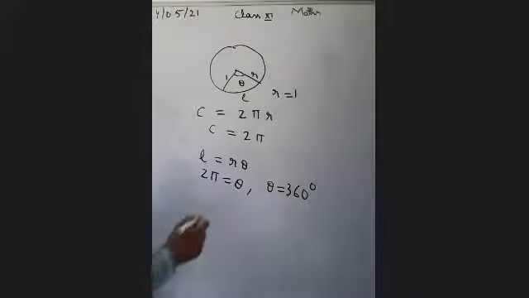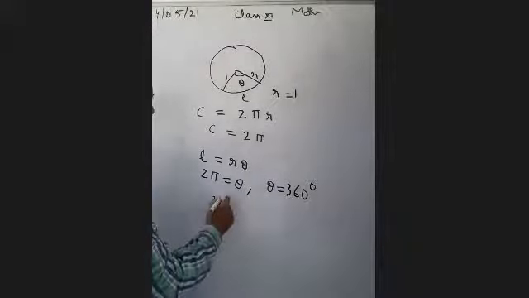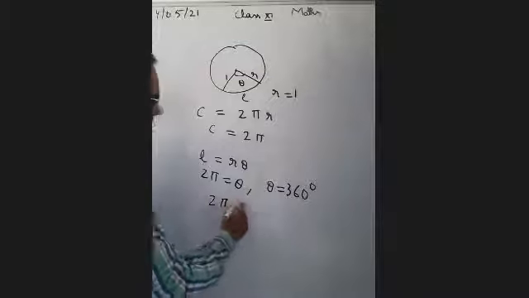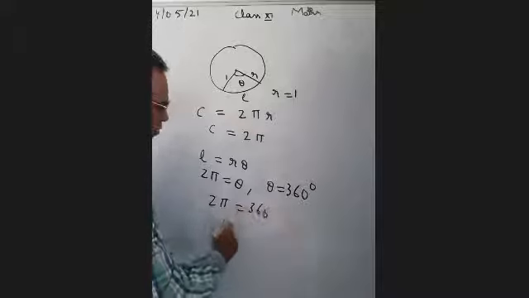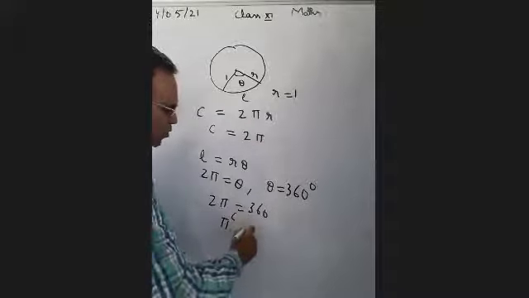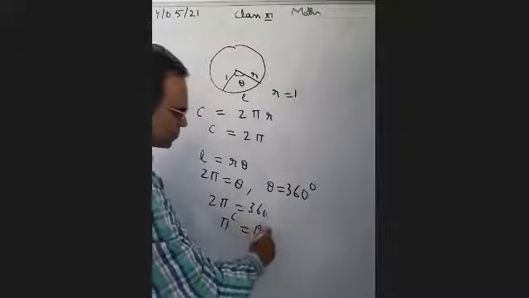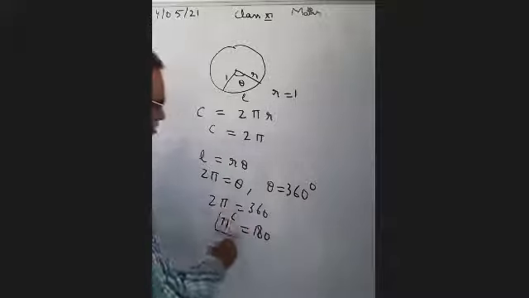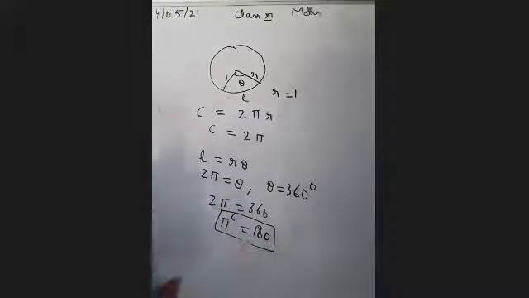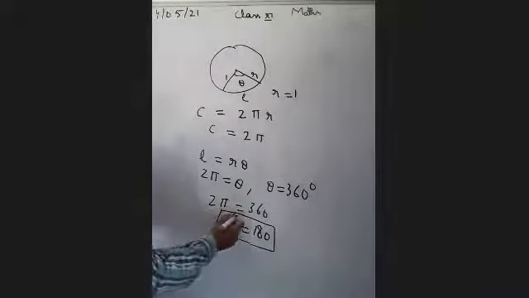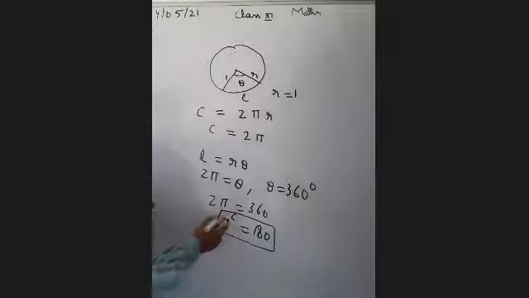So now we get the relation 2 pi is equal to 360 degrees. So you can use this relation pi equal to, यानी कि pi radian equal to 180 degrees. This is the symbol of radian. ठीक है.